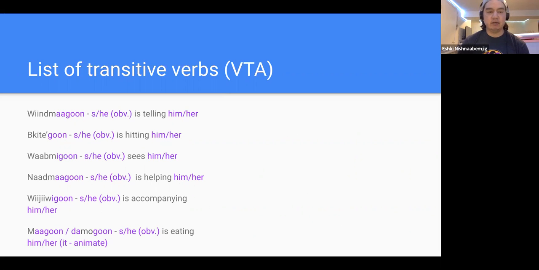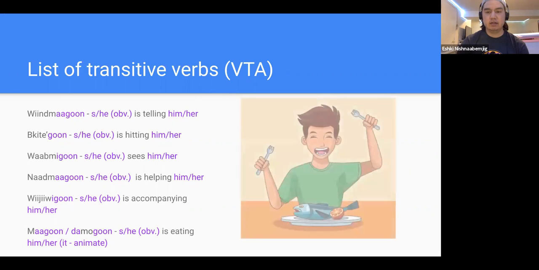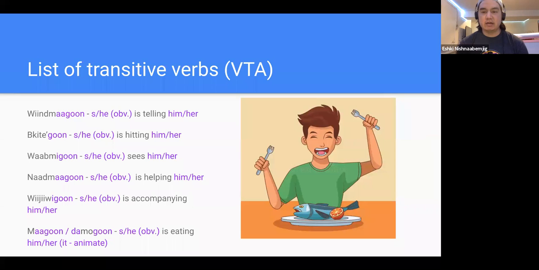Here she obviative is eating something animate. So I don't know if maybe the fish is the main character and the boy is the background character, or you want to say the fish is the background character and he started eating the boy. Domogun.